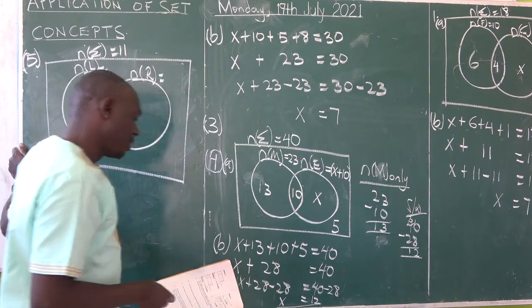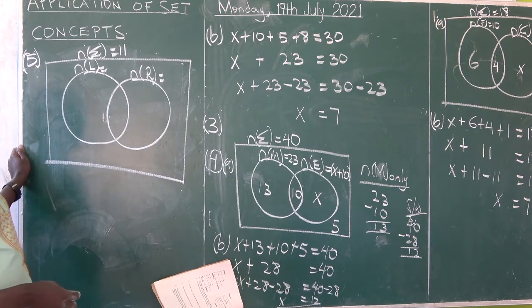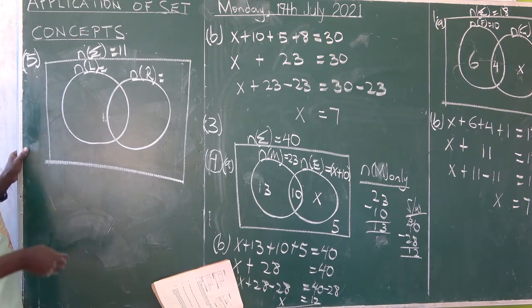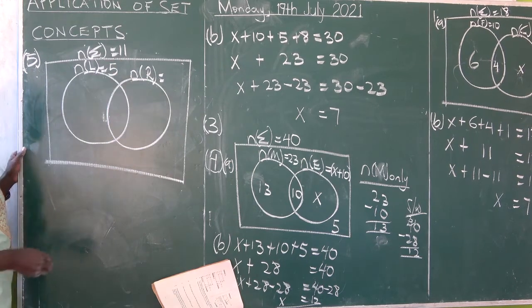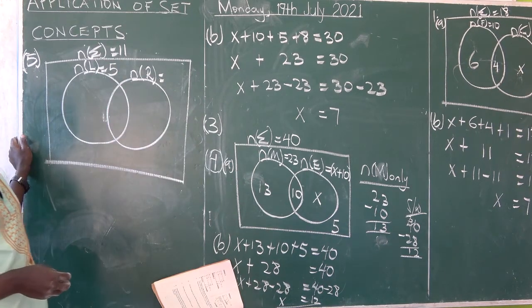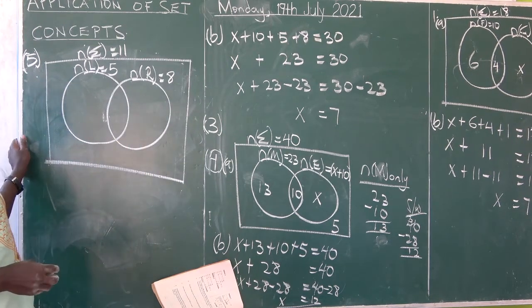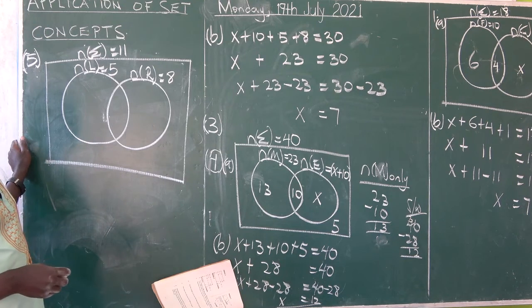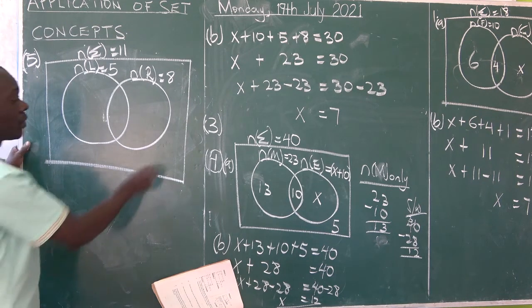5 play well with the left leg, L, that is 5. Right, 8 play well with the right leg, that is 8, set R. 1 player cannot play well with both, so that's 1.